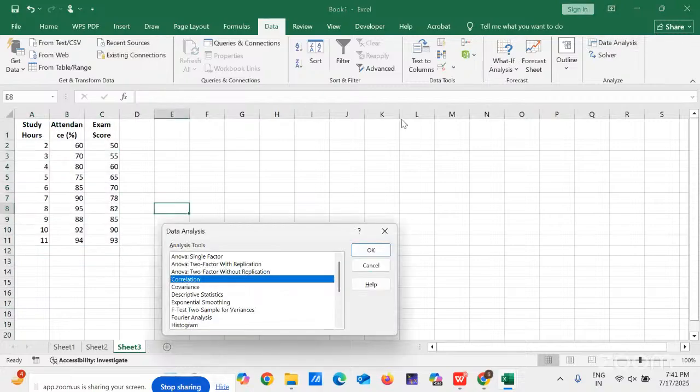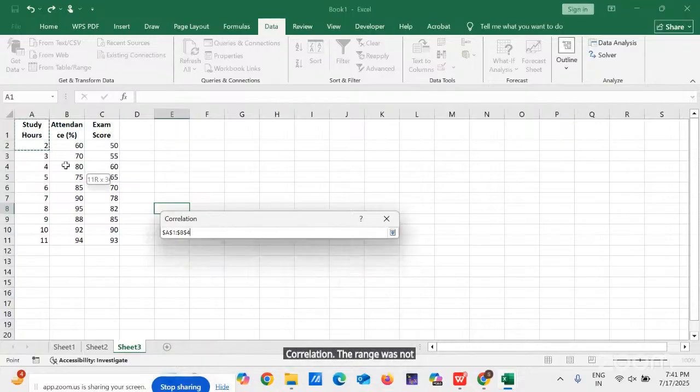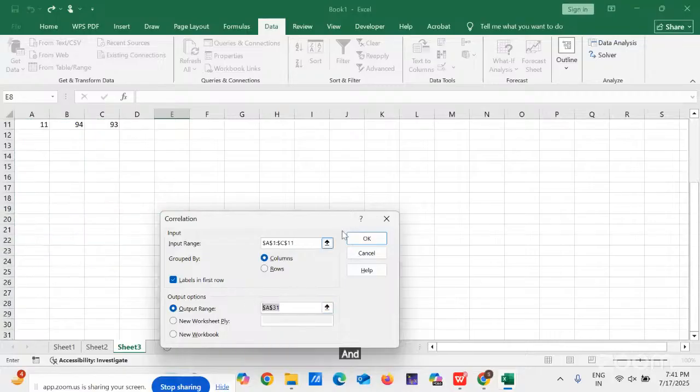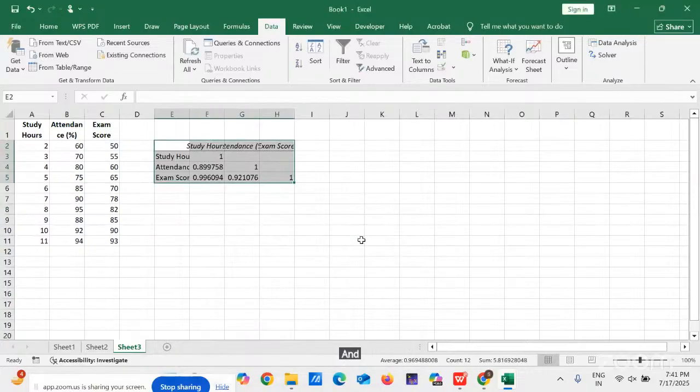So data, correlation. The range was not selected properly in that. And let us take the new cell and okay.